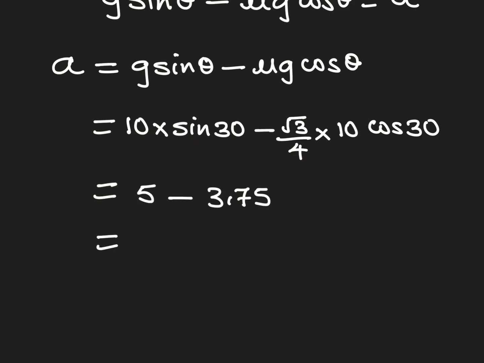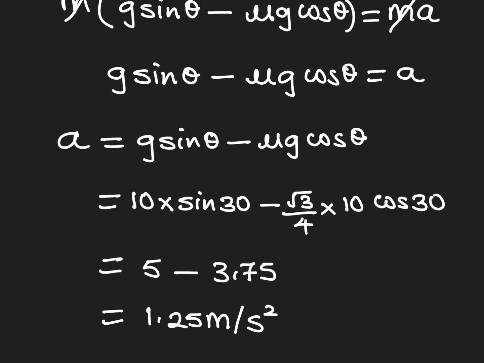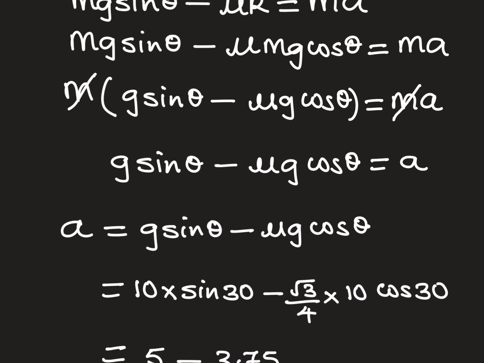So 5 minus 3.75 is 1.25 meters per second squared. That is the magnitude of the acceleration when there is no applied force. That answers the first question.